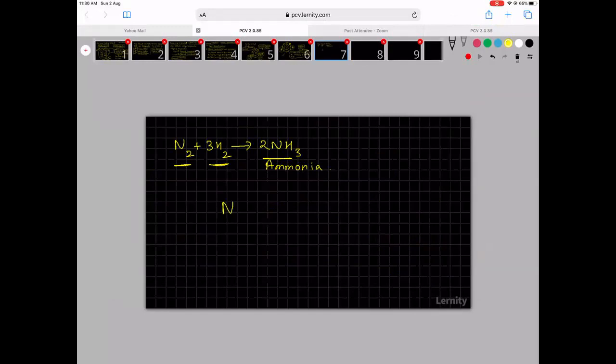What is the atomic number for nitrogen? 7. So in the first shell you have 2, second shell you have 5. So nitrogen needs 3 electrons to complete octet. So one hydrogen will come from one side, one hydrogen from another side, another hydrogen from another side. Thus it will form ammonia. Please work this out, draw this diagram, then I'll repeat.